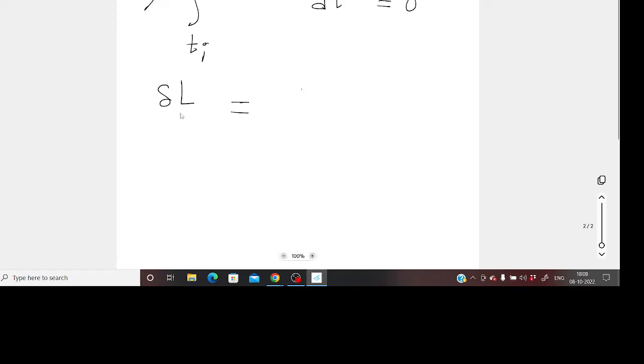Now this Lagrangian L is a function of q, q dot and t.